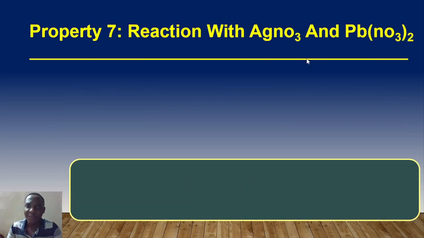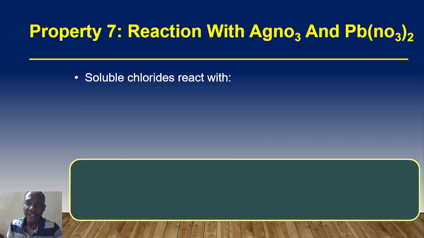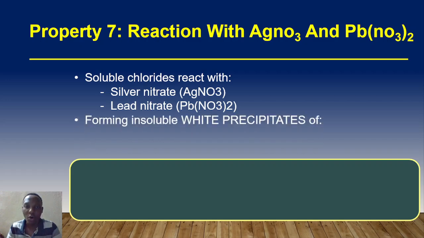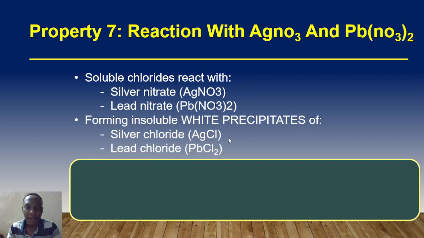Moving on, the other property, reaction with silver nitrate and lead nitrate. Soluble chlorides react with silver nitrate and lead nitrate, forming insoluble white precipitates of silver chloride and lead chloride.